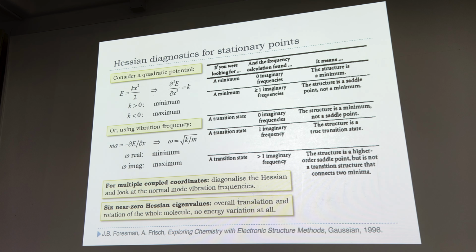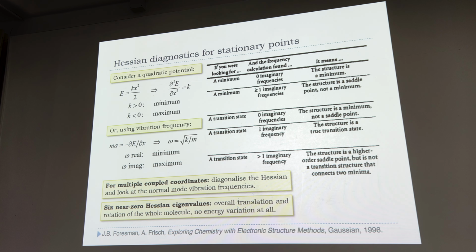A true transition state must have exactly 1 negative eigenvalue corresponding to a maximum along some reaction coordinate, meaning exactly one imaginary frequency. And if you've got more than one imaginary frequency, then that's a higher order saddle point. It's a maximum with respect to multiple coordinates, and this is probably not something that you want.